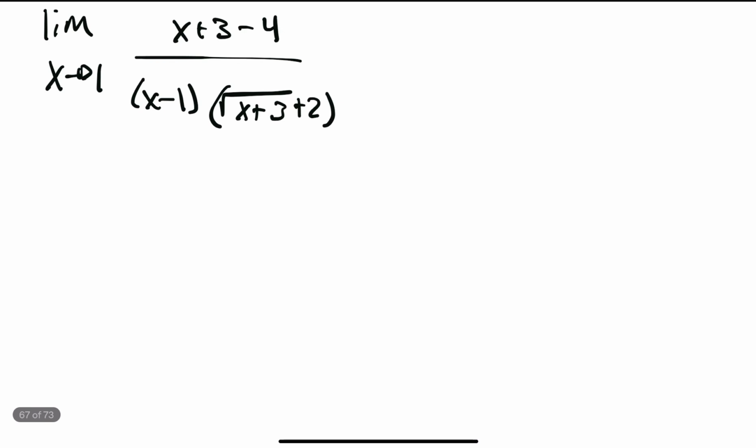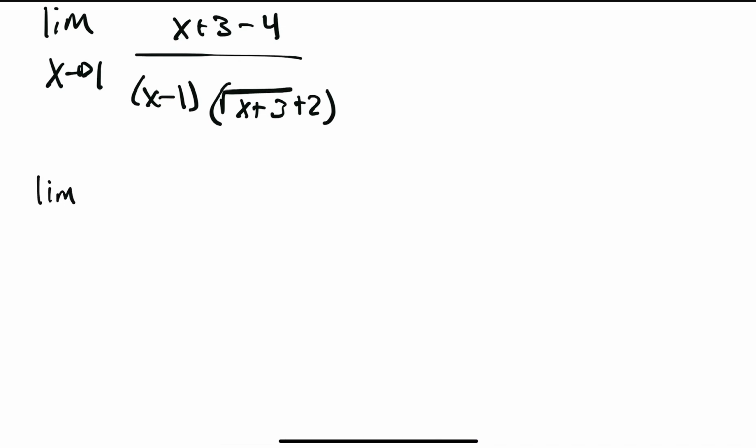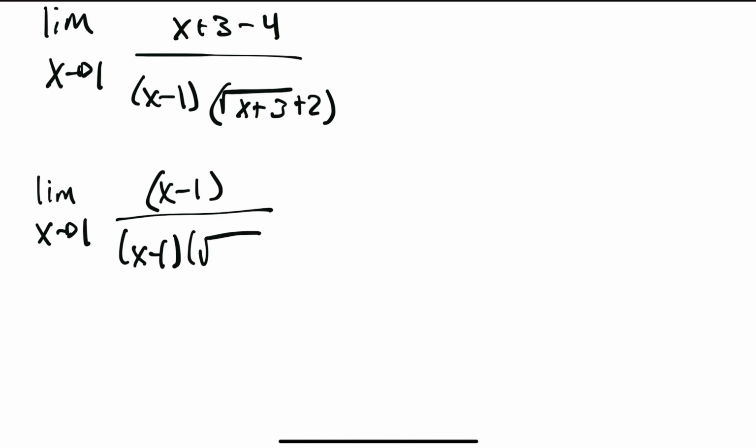So now I'm going to have the limit as x is approaching 1 of x minus 1 over x minus 1 times the square root of x plus 3 plus 2. So the numerator now cancels out with the denominator, and now this is starting to look like one of those problems where we start canceling things out and get to a point where we can plug in that a value.